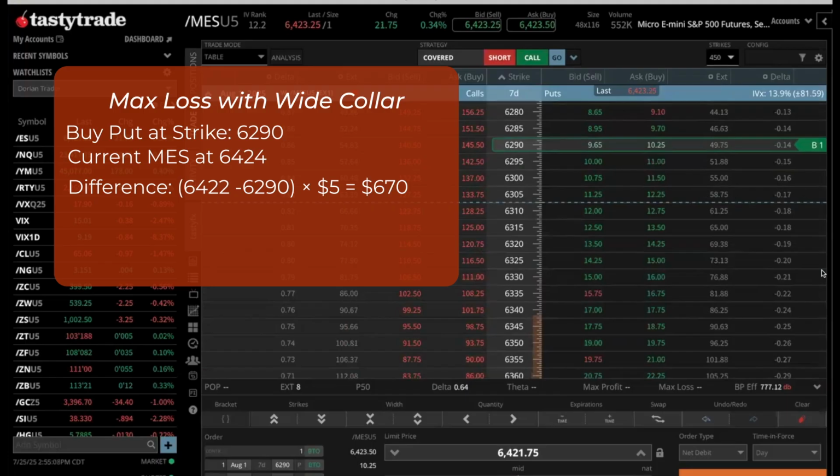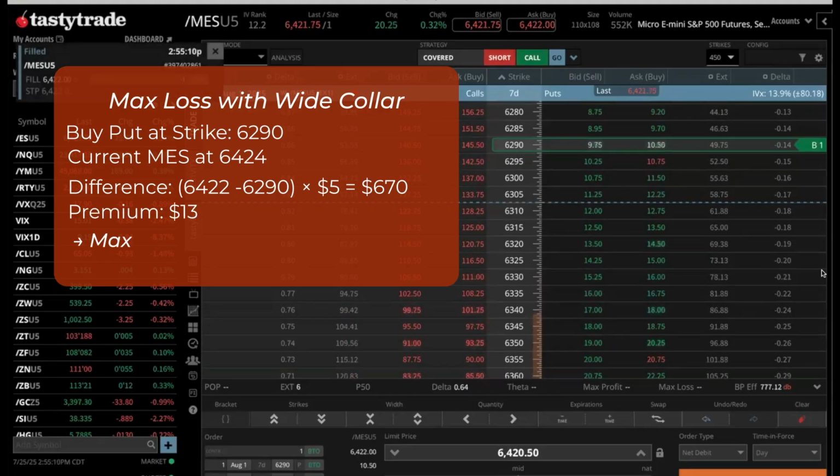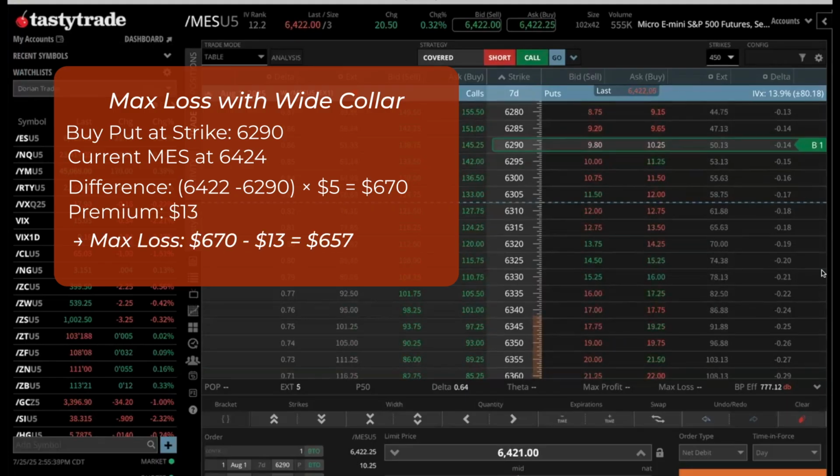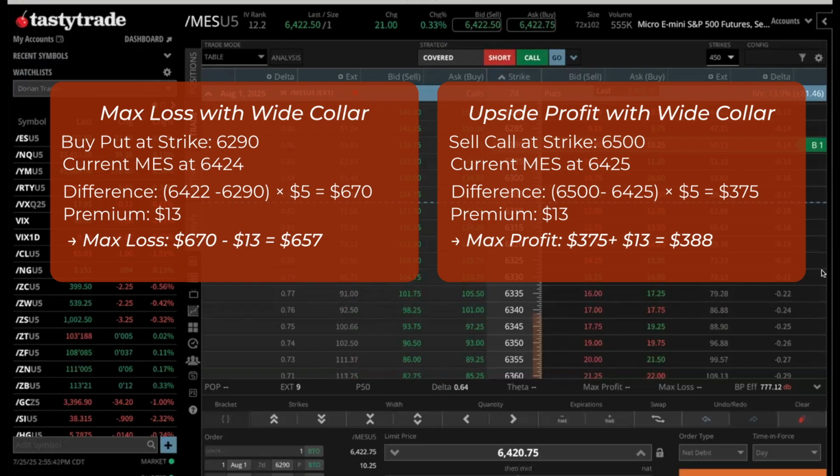So that's 670 minus the 13 in credit. That's going to be 657, I believe. All right, so 657 to the downside and 388 to the upside. So let me write that down for everyone to see. So we got 388 to the upside, and we got about 657, I think, to the downside that we can lose. Okay, and this is a wide collar.